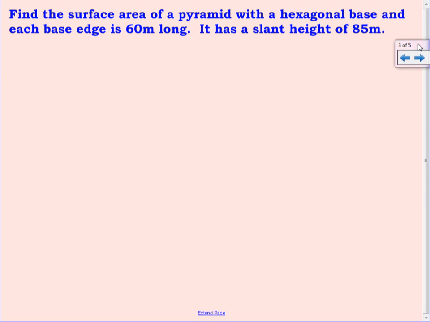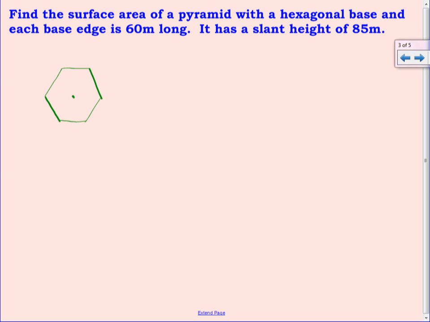So let's take a look at this one. Find the surface area of a pyramid with a hexagonal base, and each base edge is 60 meters long. It has a slant height of 85 meters. I'm going to draw the net of this. Change it if it's written differently on your notes.